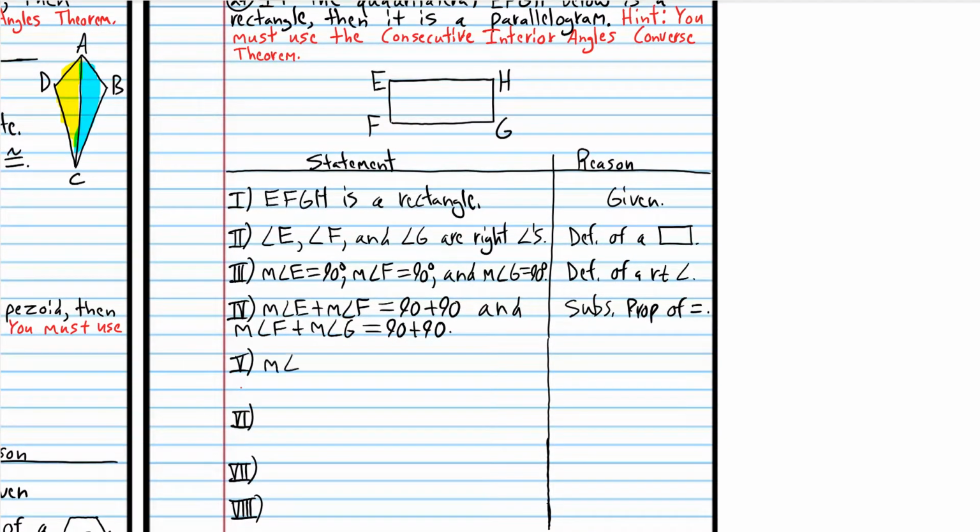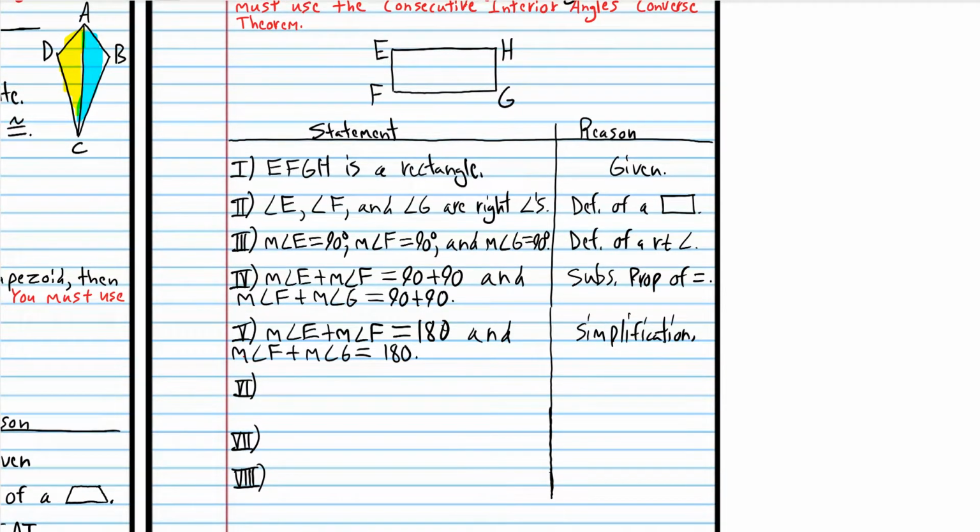So then we know that the measure of angle E plus the measure of angle F is equal to 180 degrees by simplification. And the same is true for the measure of angle F plus the measure of angle G. Those add up to 180. Notice that I combined these all into one step. You don't have to do that. You can break them up into multiple steps. It just means you're going to have to write substitution twice and simplification twice.